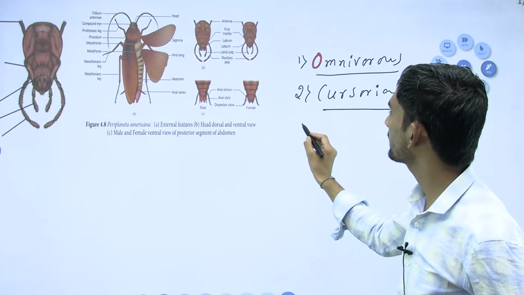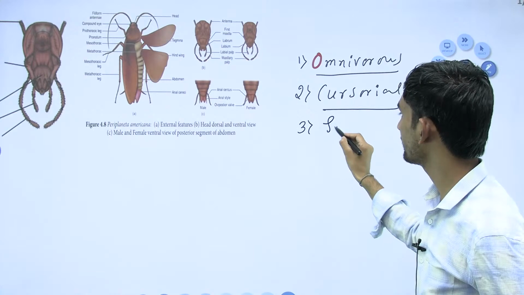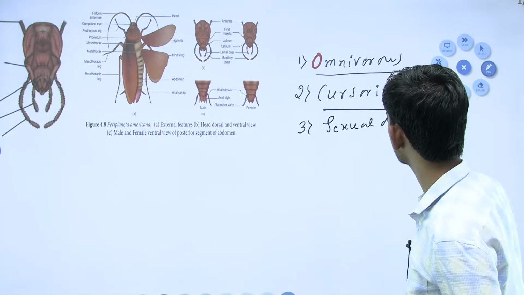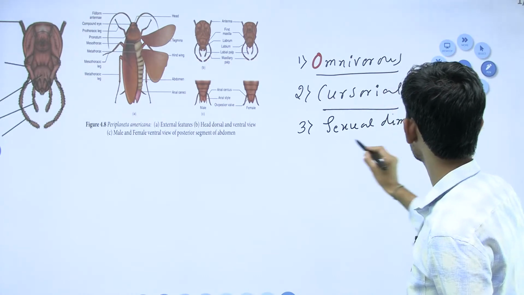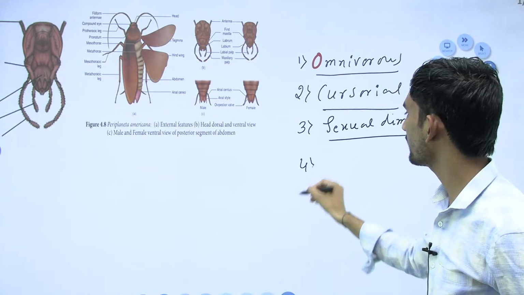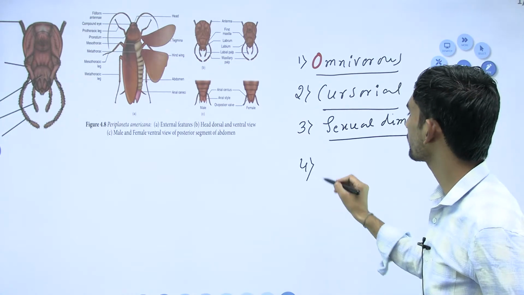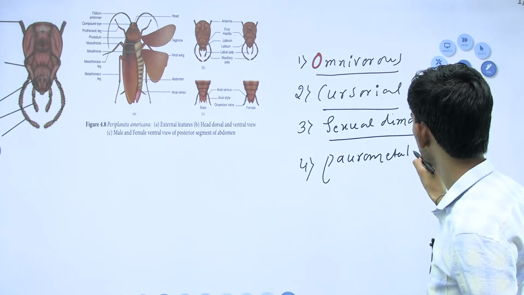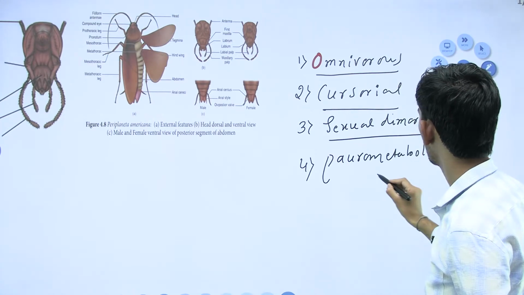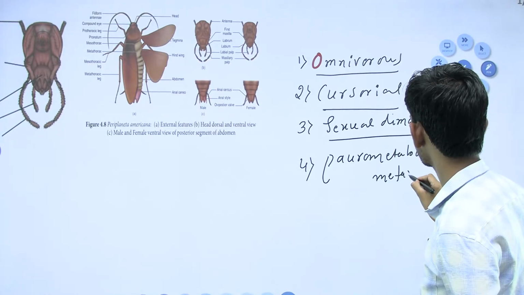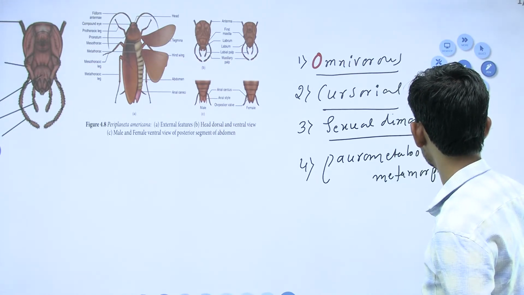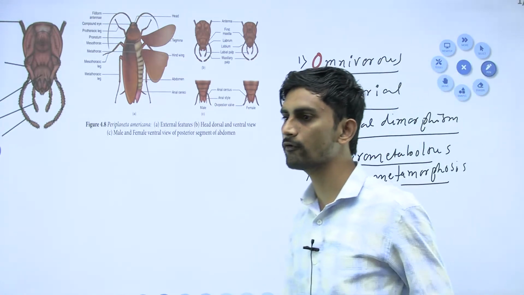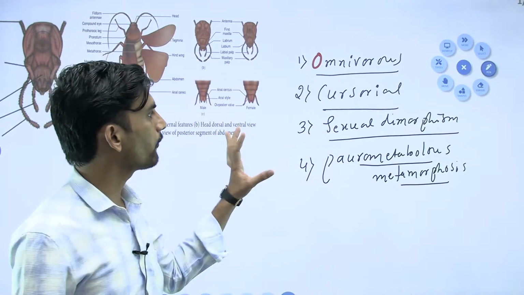Third, as I have already told you, these exhibit sexual dimorphism. Fourth, another very important characteristic feature is porometabolous type of metamorphosis. So these four are the basic points you should remember about the cockroach.